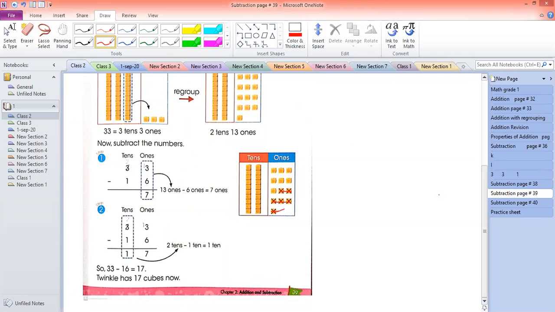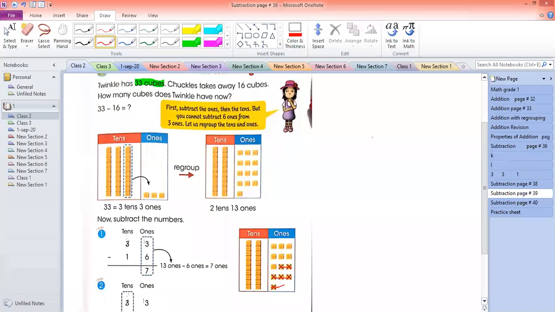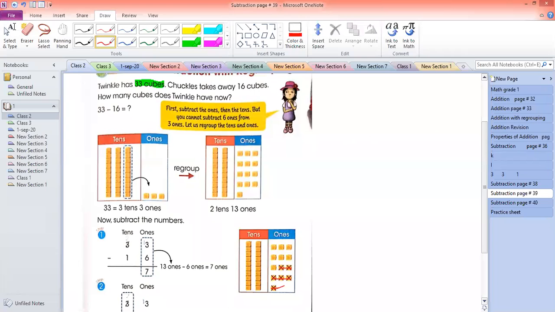Now, come again here in the picture. When you regroup this 1 ten into the ones, now how many tens are remaining here? 2. They are not 3 now, because you regroup 1 ten into the ones, so they are 2 now.